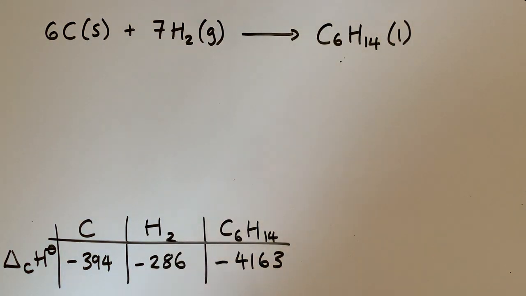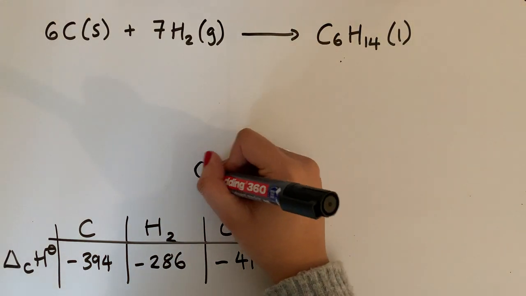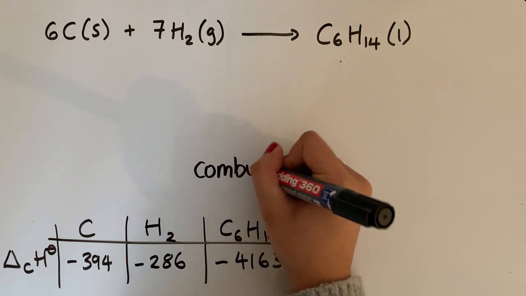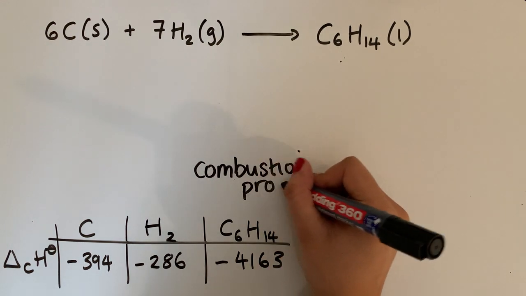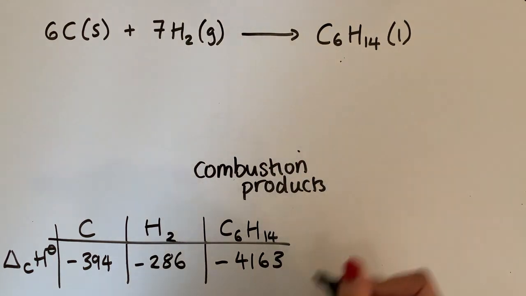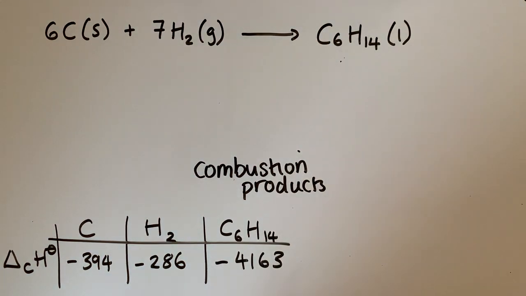If they give you formation, the intermediate you go via is the elements. If they give you combustion information, the intermediate you go through is the combustion products. And again, you don't actually need to say what the combustion products are. In this case, it will probably just be carbon dioxide and water, but you can just write combustion products here.